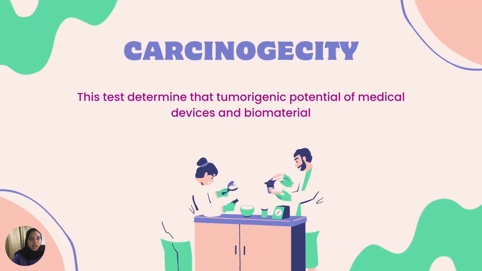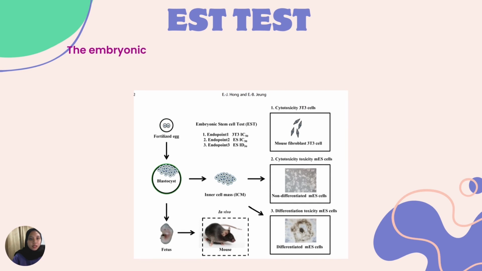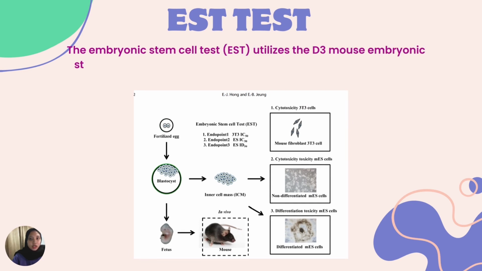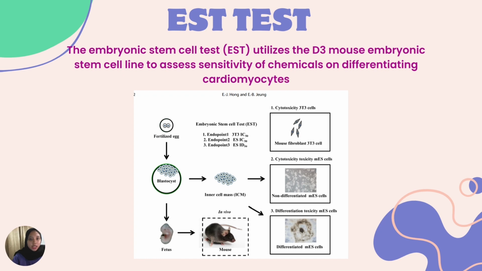The function of the carcinogenicity test is to determine the tumor-forming potential of medical devices and biomaterials. The embryonic stem cell test (EST) utilizes the D3 mouse embryonic stem cell line to assess sensitivity of chemicals on differentiating cardiomyocytes.